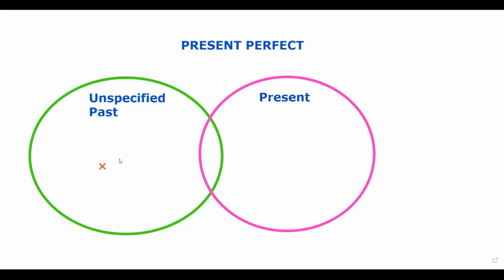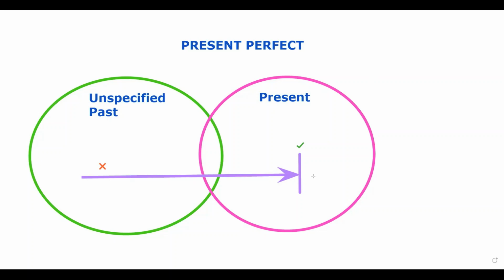So we don't really specify this time. We don't know when this happened, okay? And if we just put an arrow here, so this is your present. And it happened until some time in present. So this is some particular moment in present time, in present tense.